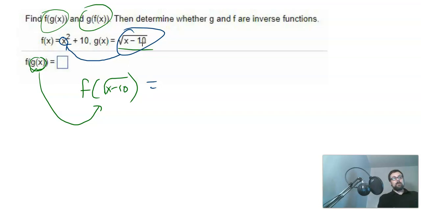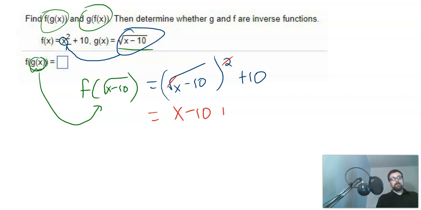And so we're going to have, in place of x, this square root of x minus 10. And then that's going to get squared. And then we're going to add 10 to that. All right. The square root and the power of 2 cancel each other out. And we get x minus 10 plus 10, which means the 10's then cancel out. So it's the same thing here, right?